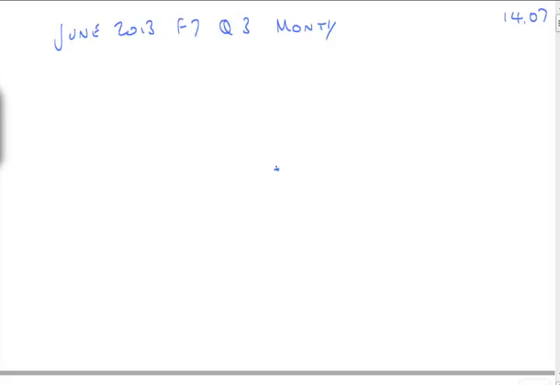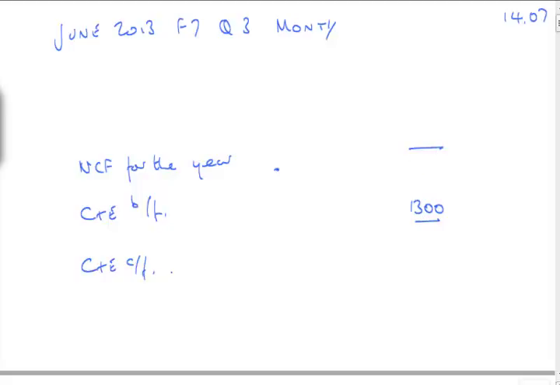So right at the bottom of the question, I'm going to do the bottom of the question first. Net cash flow for the year, we don't know, but we do know cash and equivalents brought forward is 1,300. And when that is added to cash flow for the year, that will give me cash and equivalents carried forward, and the figure is 50.